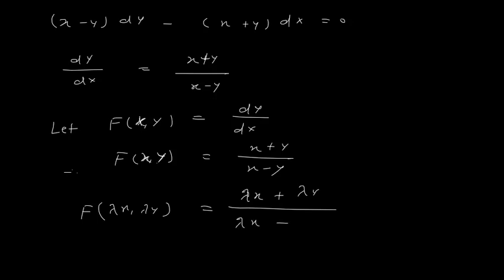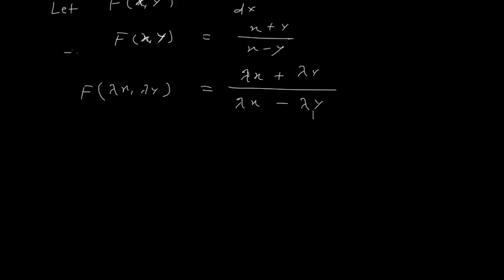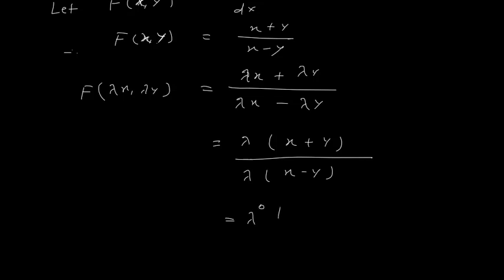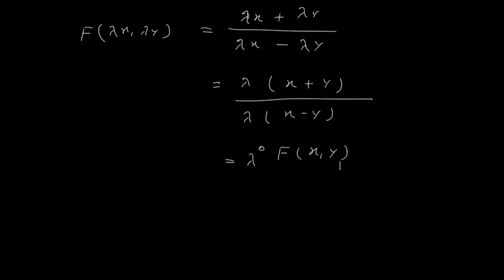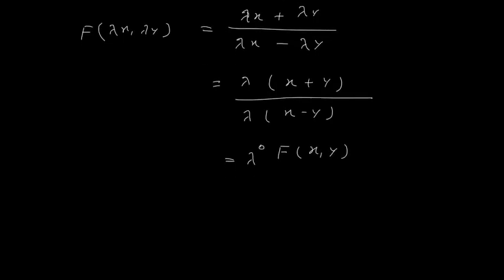So f of lambda x comma lambda y is equal to, now I take lambda common, here I have x plus y, and in the denominator I take lambda common, here I have x minus y. So this lambda gives lambda power 0, and I have the same function f of x comma y. So f of lambda x comma lambda y is equal to lambda power 0 f of x comma y.